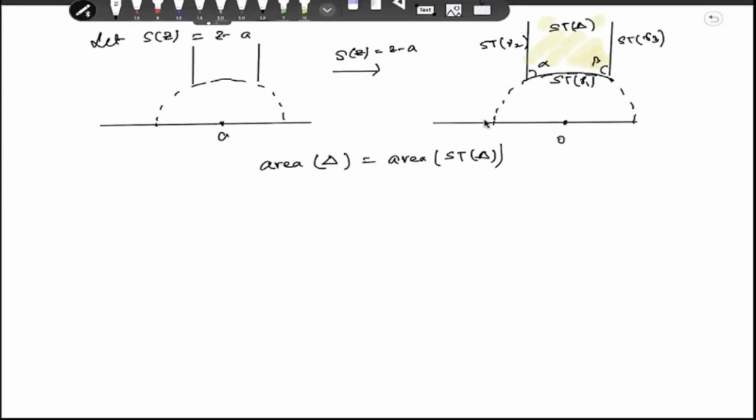Now let us concentrate on this picture. Let us take this vertex to be A and this vertex to be B, and these are my vertical lines. This line is x equals A and this line is x equals B. Join O to B by a straight line, and O to A by a straight line.